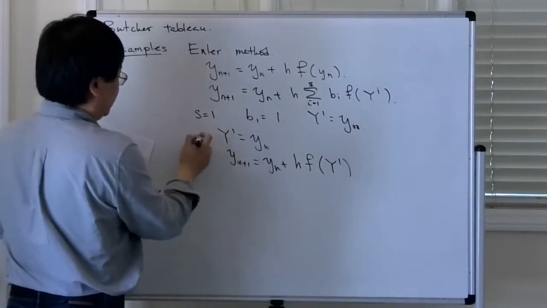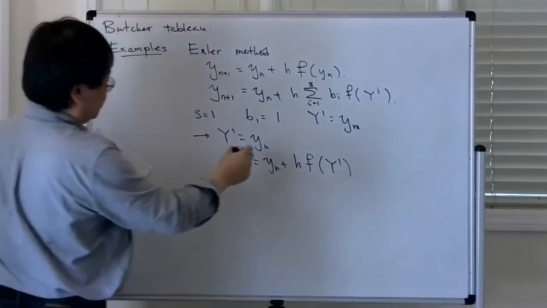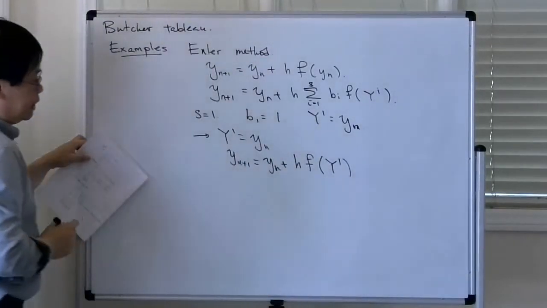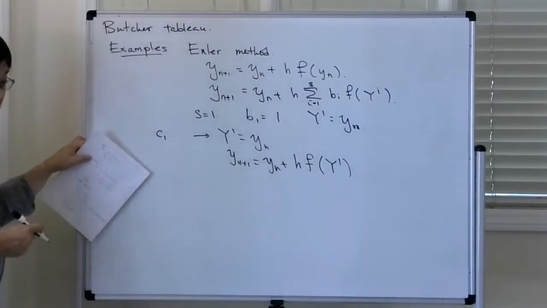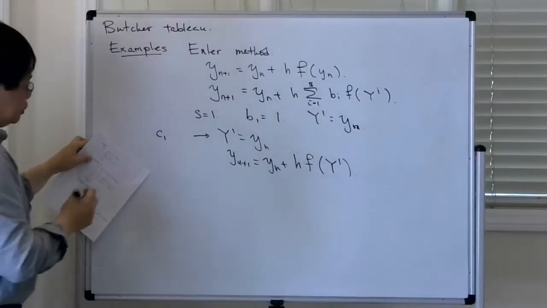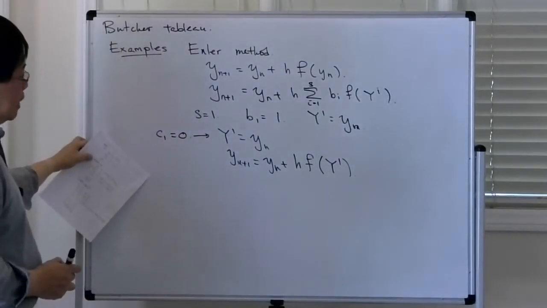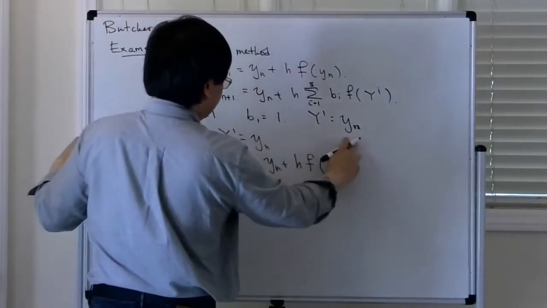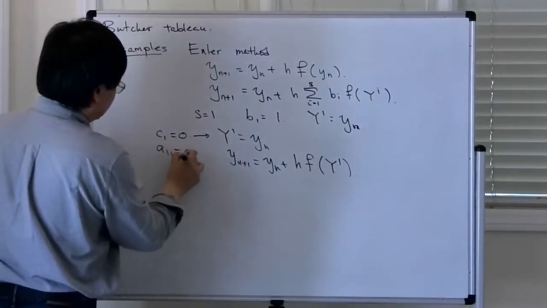So you have this here, saying that the first stage just corresponds to being yn. That tells you that the time at which this corresponds is just tn plus 0 times h. So this means that c1 is equal to 0. And because there are no terms added onto it, it also tells you that a11 is equal to 0.